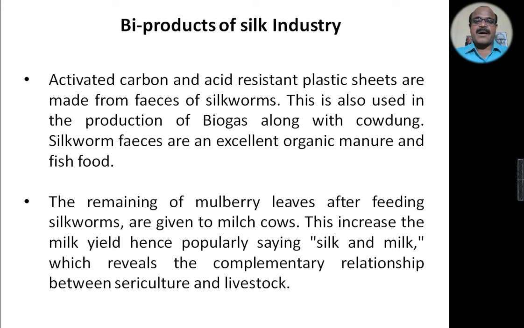Silk and milk is popularly said because the remaining mulberry leaves are given to the milch cows, which increases their milk yield. It reveals the complementary relationship between sericulture and livestock.